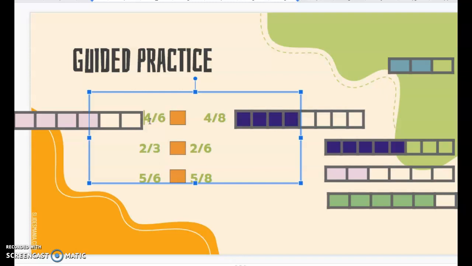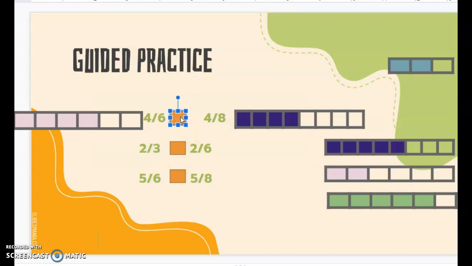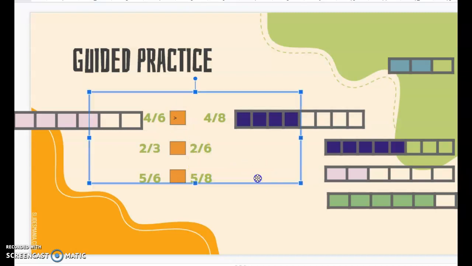And you should also be able to see, even though it may look like the parts are the same size, they're not. 4/6 has greater parts than 4/8. So therefore, 4/6 is greater than 4/8.